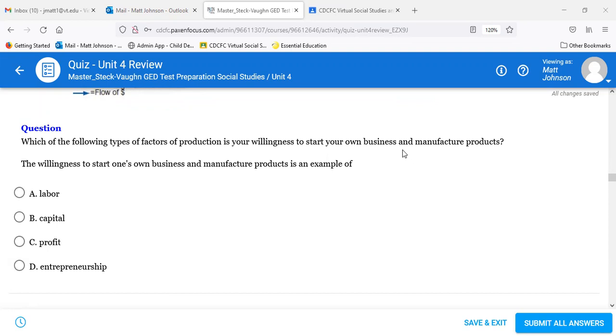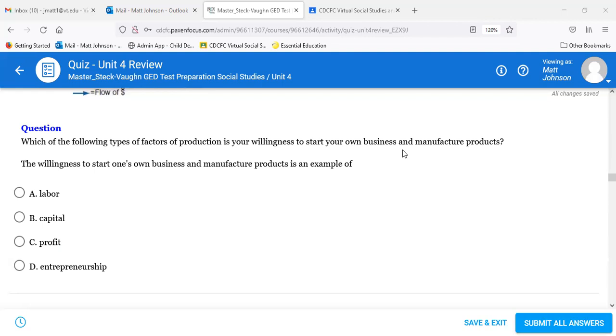The willingness to start one's own business and manufacture products is an example of A, labor, B, capital, C, profit, D, entrepreneurship.